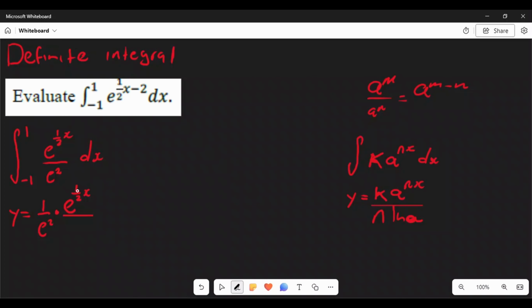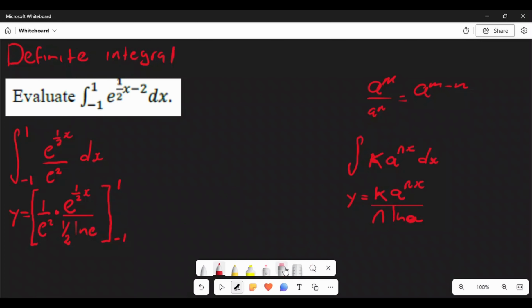What is the coefficient of x here? It's half, so it's 1 over 2, and then natural log of e. Don't forget to put this in a bracket so that we can indicate that we have the upper limit and the lower limit. So from here, it's time for us to rewrite this in a way that we can see our upper limit and our lower limit.